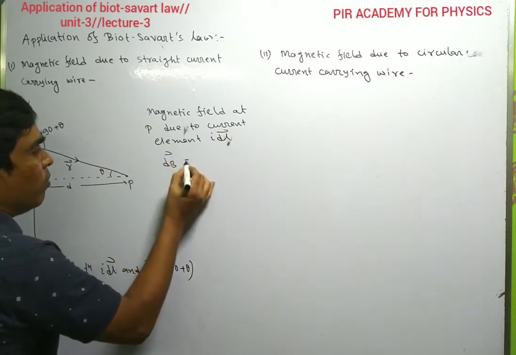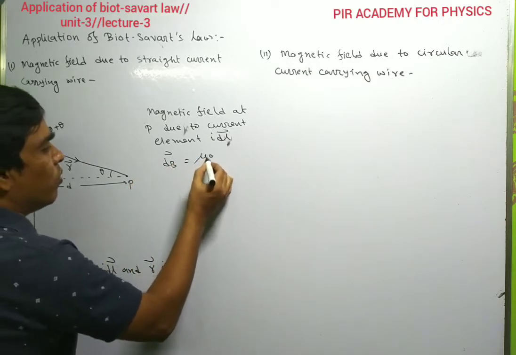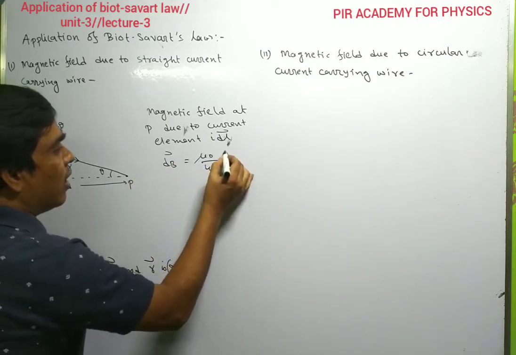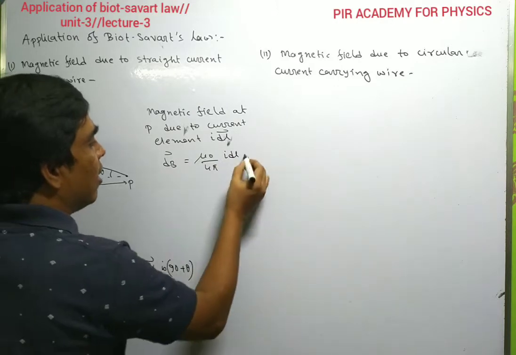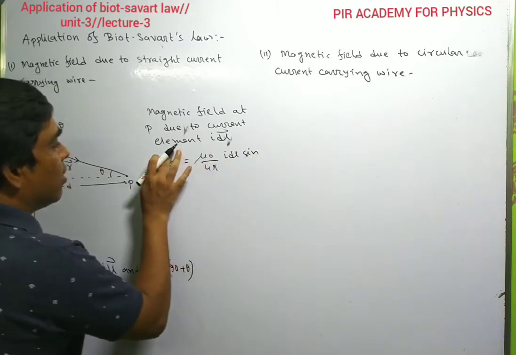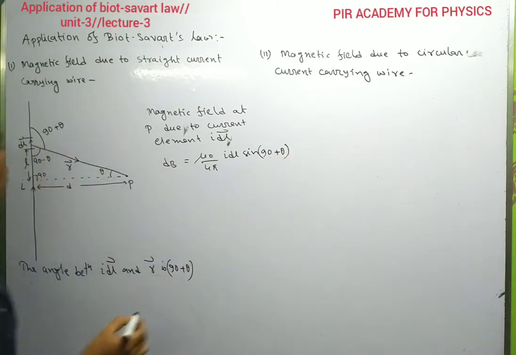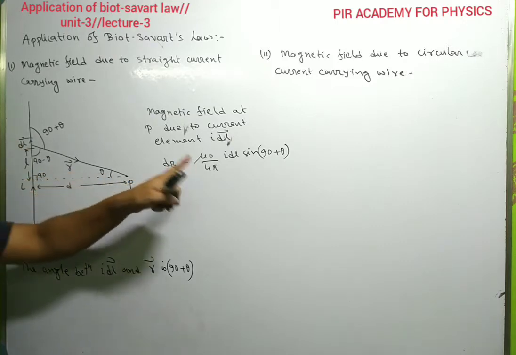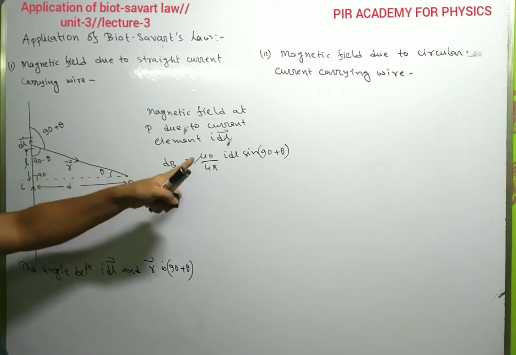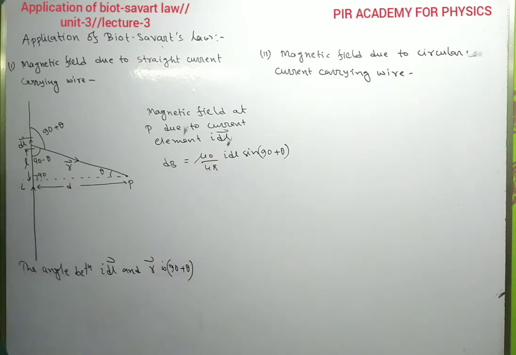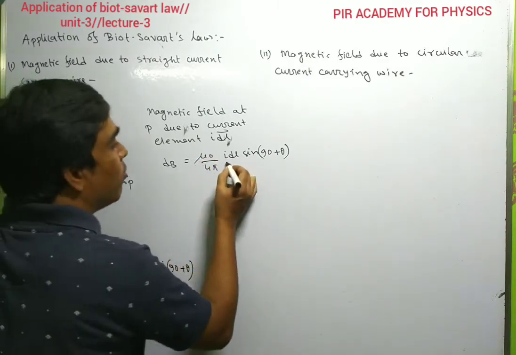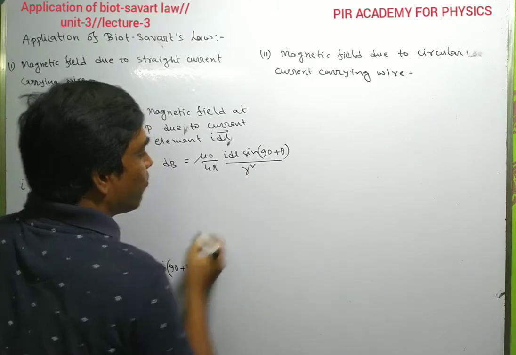So dB will be mu 0 by 4 pi I dl sine of 90 degree plus theta, because the angle between the current element and the distance vector is 90 degree plus theta, divided by r squared.